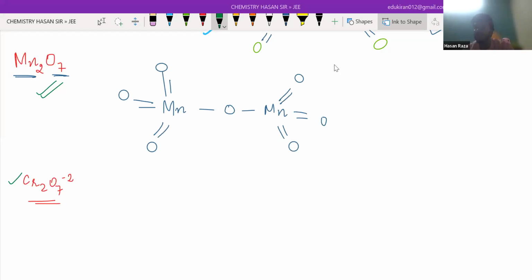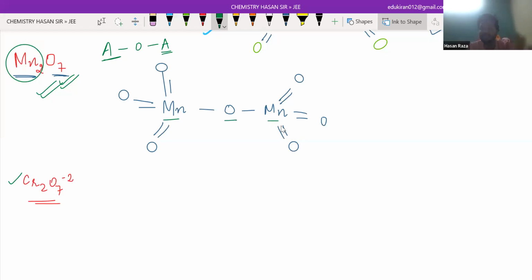In the previous class, we did the compounds having a single central atom, and today we are doing the compounds having two central atoms. I divided this into two cases. The first one is compounds having two central atoms and oxygen in odd number. Whenever oxygen is in odd number, the linkage will be AOA, where A stands for the central atom. You can see Mn2, this is the central atom, so MnOMn.